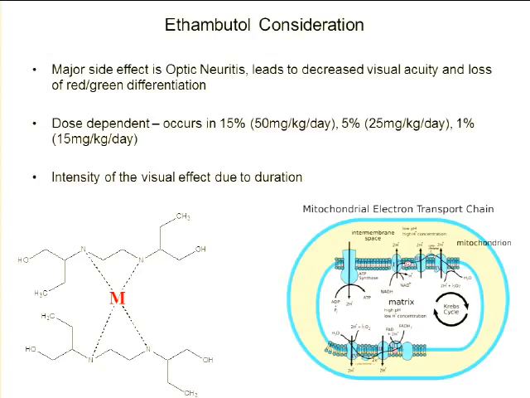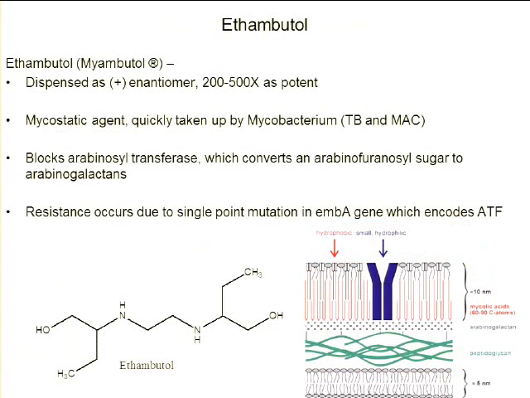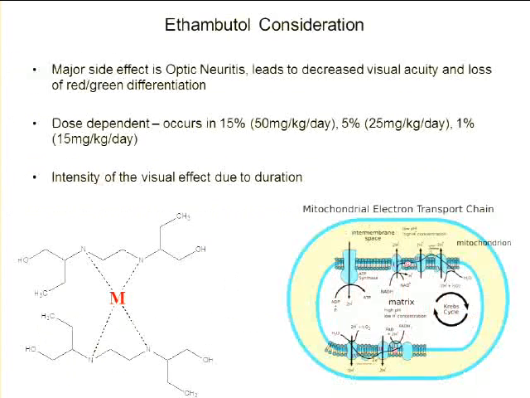If you look at the structures of ethambutol here, I only show you one, so this is the structure. But here I'm showing you two molecules of ethambutol. And what's this M? Metal. Copper is a metal, right? And so what you're seeing here is chelation of the copper in the optic nerve mitochondria. If copper is chelated, then it's not available to act as a cofactor for cytochrome C oxidase.